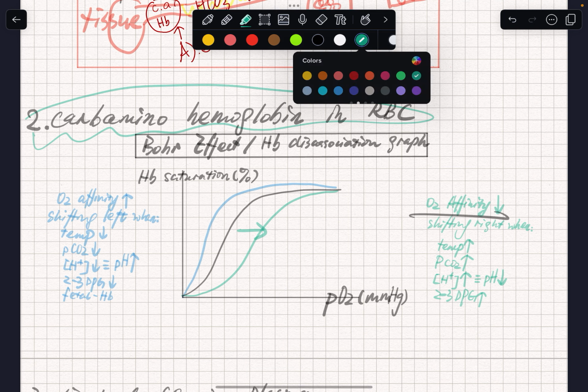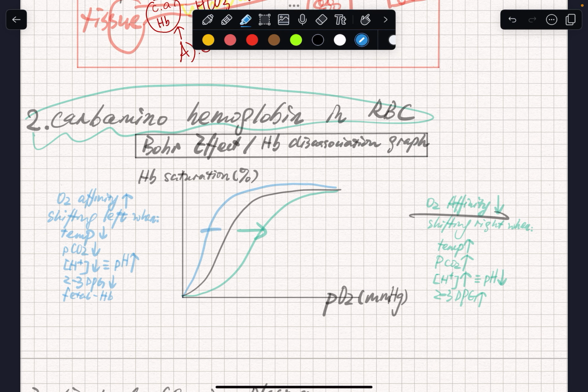Okay, now let's look at the other line that's shifting to the left. For the left shift, I just flipped everything, right? Here I said temperature increase, CO2 increase, proton increase, pH decrease, and 2,3-DPG increases, but here everything is flipped. Temperature decreases. Let's say you went to northern Canada, right?